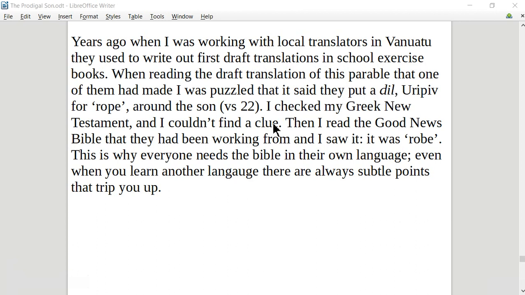I checked my Greek New Testament, but I couldn't find a clue as to where they'd got this word rope from. Then I read the Good News Bible that they had been working from, and I saw it. It was a robe. This is why everyone needs the Bible in their own language. Even when you learn another language, there are always subtle points that trip you up.